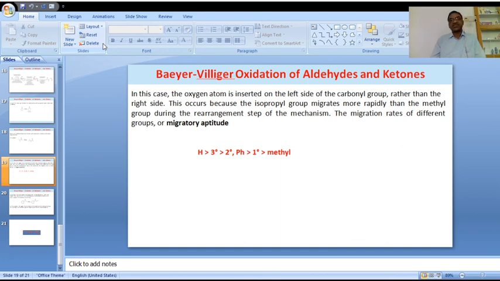If it is a phenyl ring, phenyl is greater than primary, and primary is greater than methyl. This is the migration rate of different groups in this Baeyer-Villiger oxidation reaction.